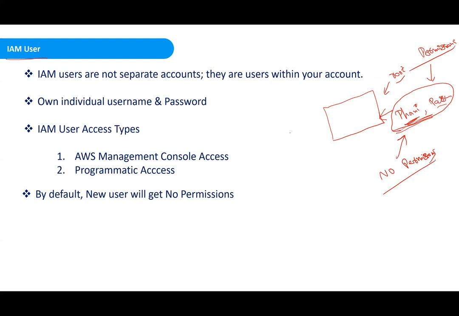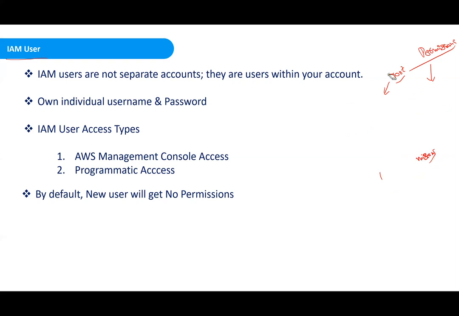Now, coming back to this IAM user, let us say we are creating one user called IAM user, and let us say the name of the user will be anything. And whenever you are trying to create the user, for every user, there will be two types of access available.